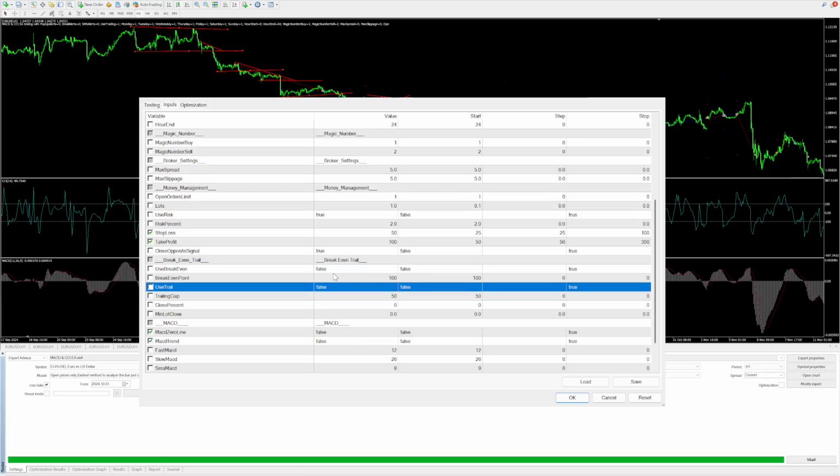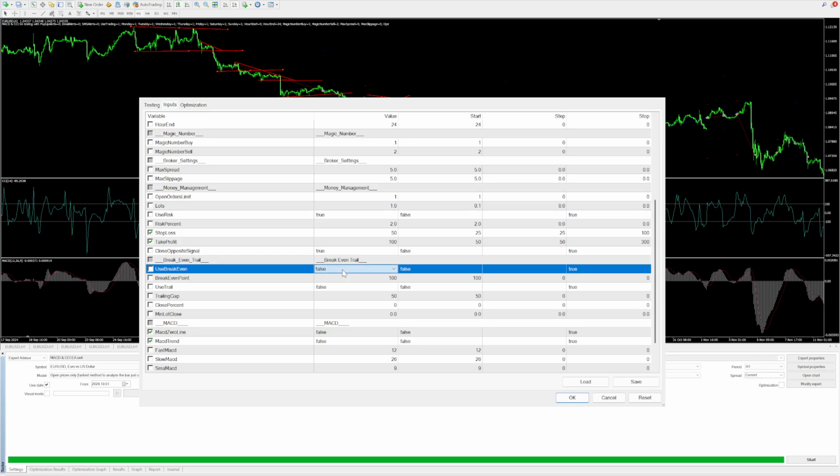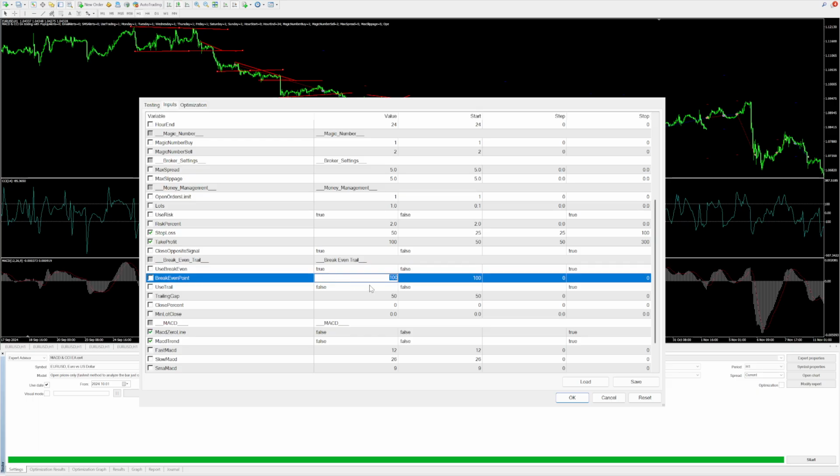Break even and trailing stop. So this is handy to lock in profits. Don't let winning trades turn into losing ones. Worst thing is seeing a good trade turn into a bad one. You don't want to do it too early. Again, these levels are quite rigid, but for argument's sake, if you have break even set to true and you set it to 50, once the trade reaches 50 pips in profit, stop loss will be moved to the break even point.